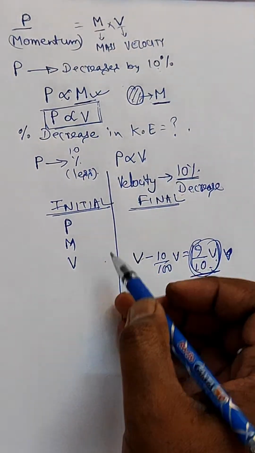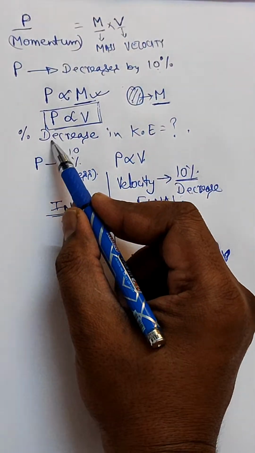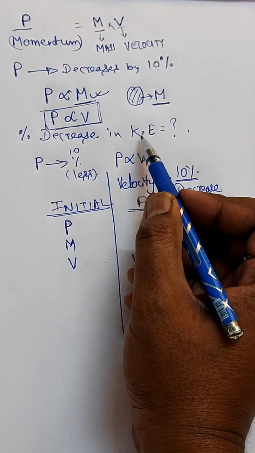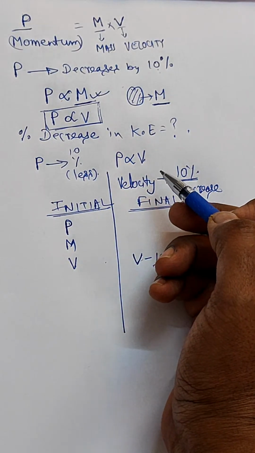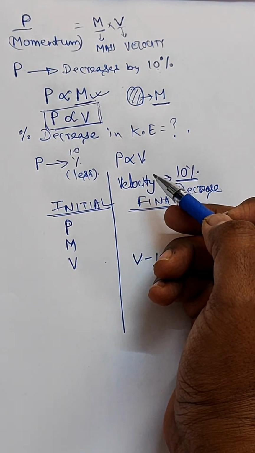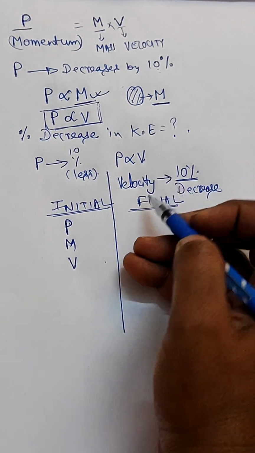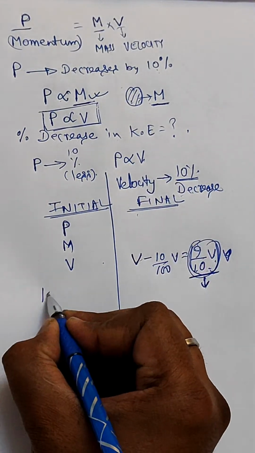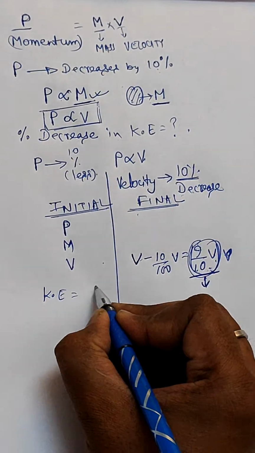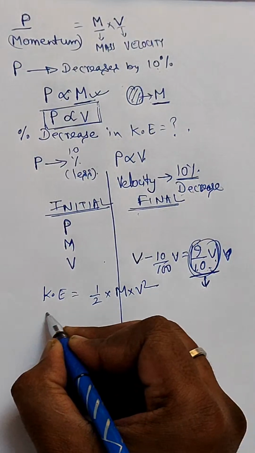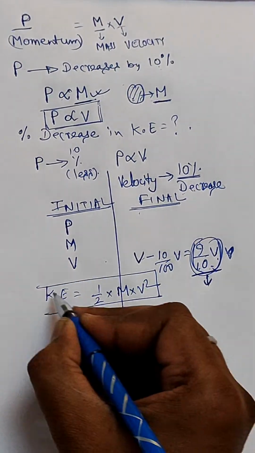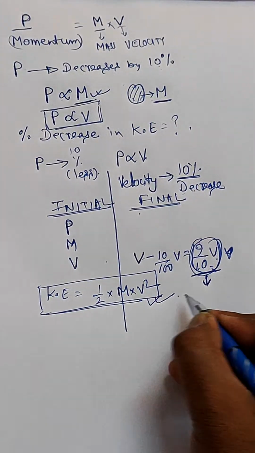Now, it's asking for the percentage decrease in kinetic energy. Yeah, Pascal, you can tell me what your query is. So we know the formula of kinetic energy is half into mass into velocity square, isn't it? I think every one of us knows it, right?